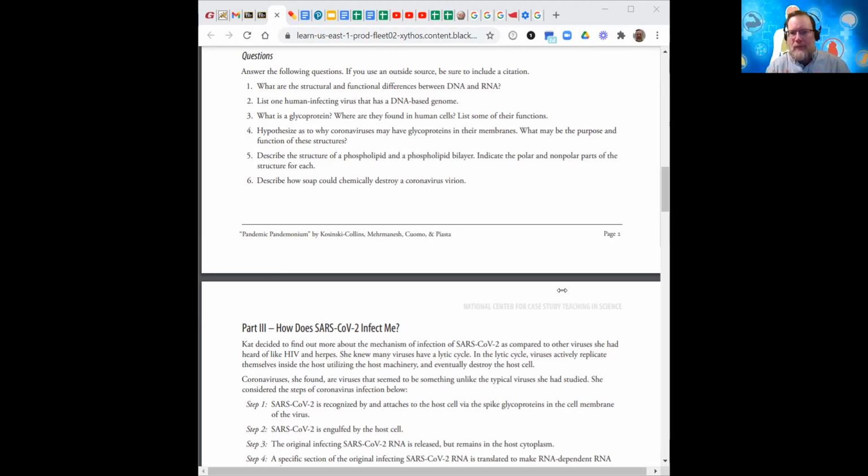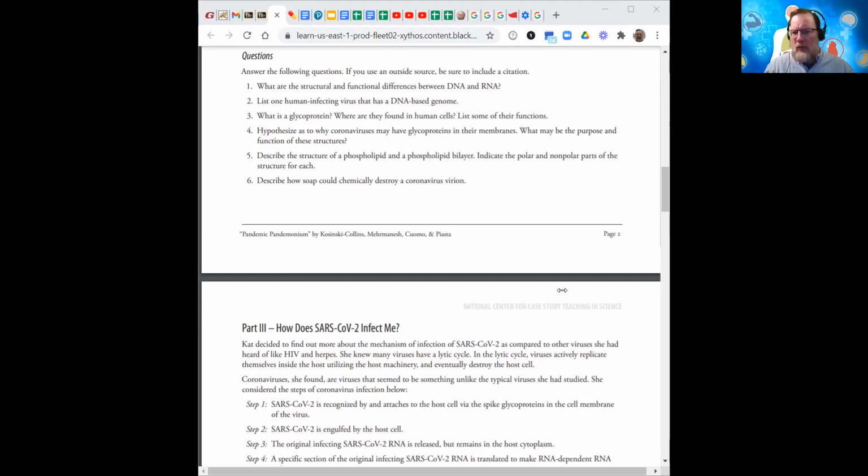The polar heads face outward, and the lipids are non-polar, facing inward, hydrophobic. So no water in that tiny little bilayer of the phospholipid cell membrane.